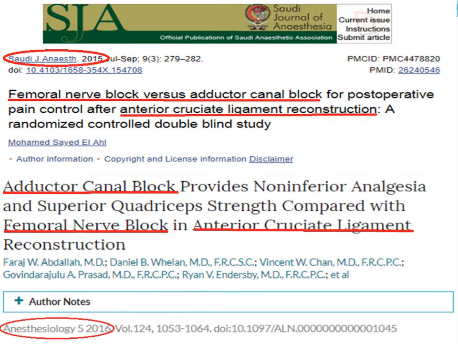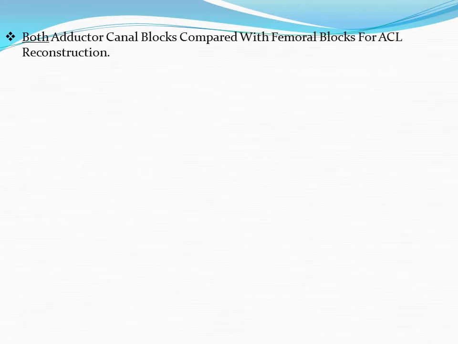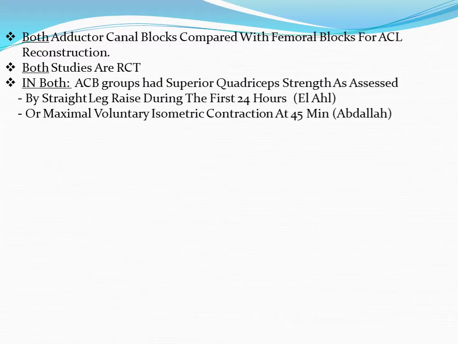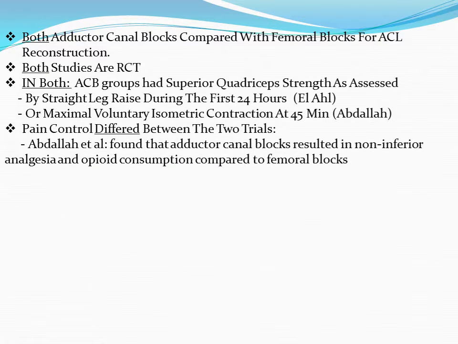Both are randomized controlled trials comparing the adductor canal block with the femoral nerve block for ACL reconstruction. Both found superior quadriceps strength in the adductor canal group, but pain control differed between the two studies.